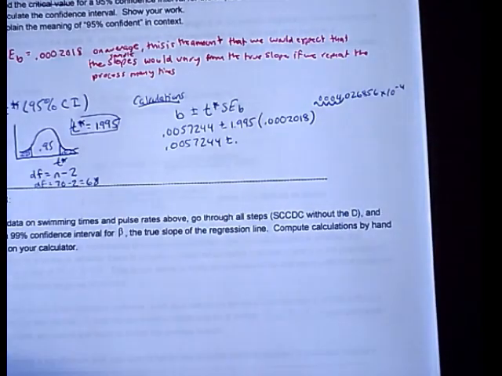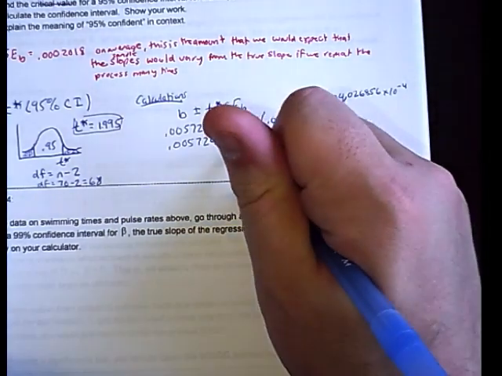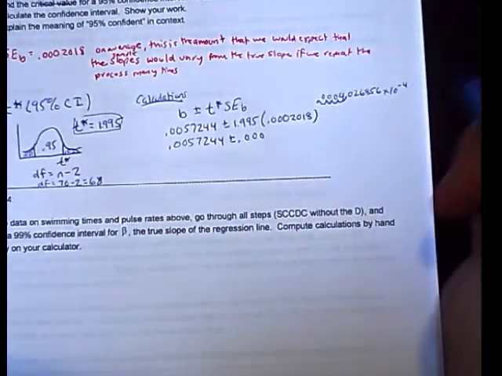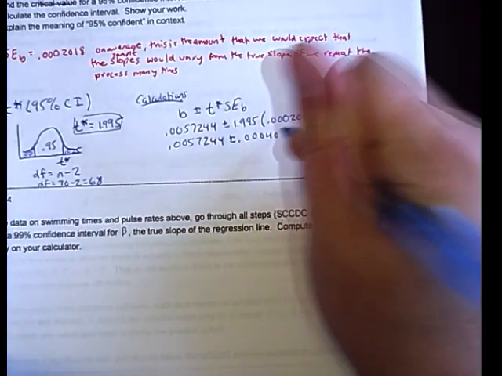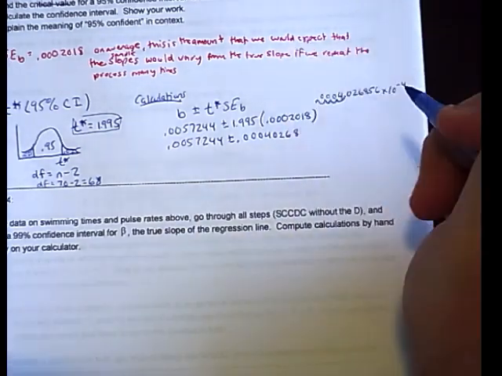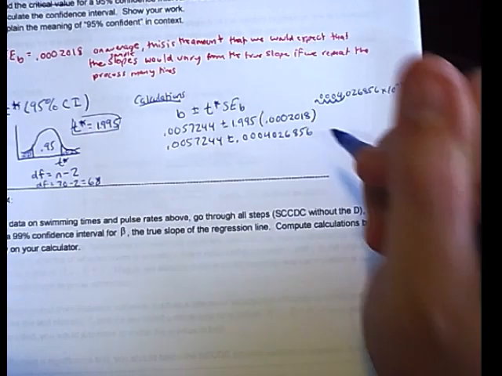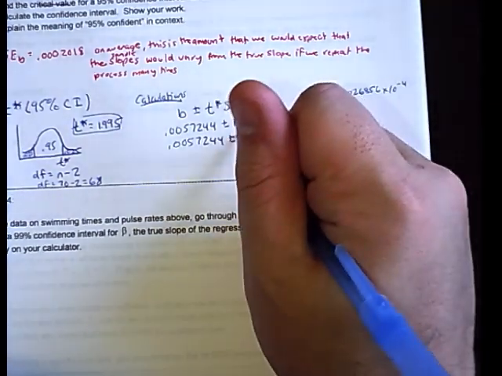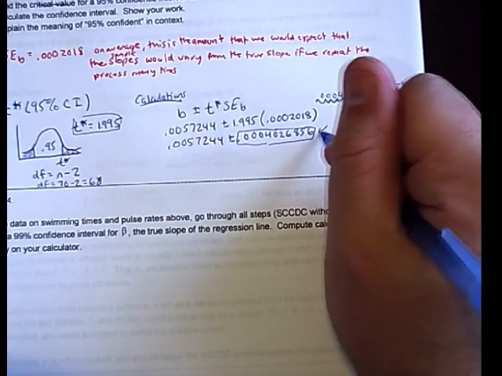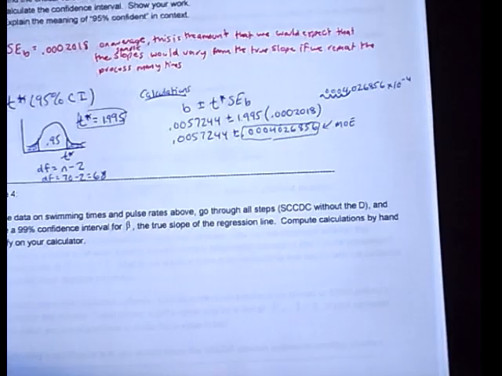So there would be 3 zeros before that. So plus or minus 0.004026856. This thing right here is the margin of error. That thing is the margin of error.